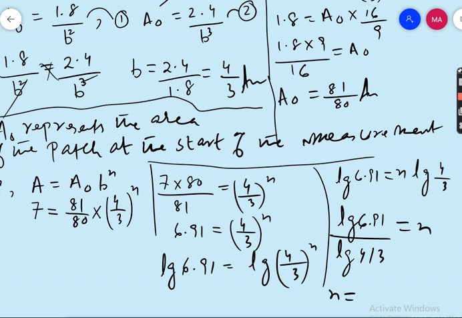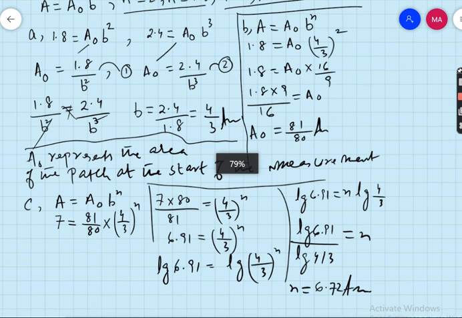So n is equal to, it's time to use calculator. 6.72. This is the final answer, 6.72. Answer of part C. So hope you completely understand this question.